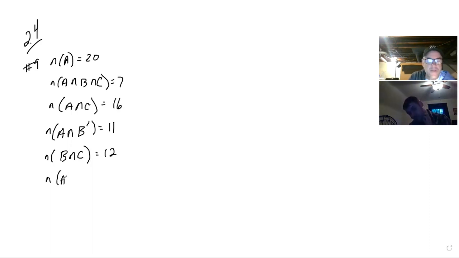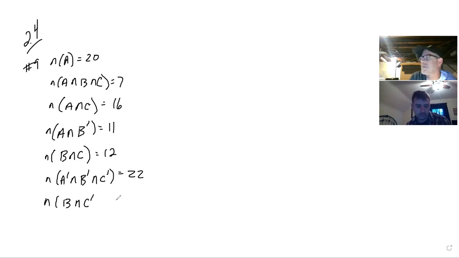The cardinality of A complement intersect B complement intersect C complement is 22. The cardinality of B intersect C complement is 5.